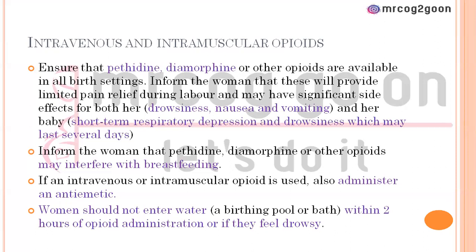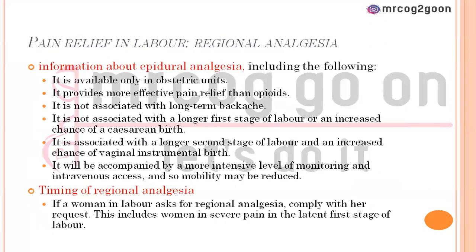Inform her that pethidine and diamorphine can interfere with breastfeeding, and you have to administer antiemetics, as we said before. Avoid entering water within 2 hours of taking intravenous or intramuscular opioids, okay? After taking opioids, avoid water births for 2 hours.